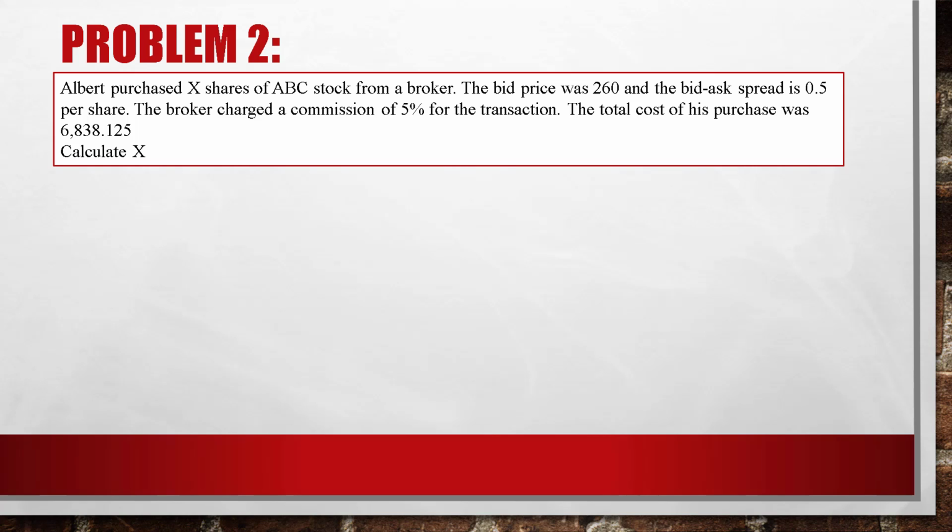For each share, the price is $2.60, and we also have to pay for the bid ask spread, which means if you want to buy one share of ABC stock from a broker, you have to pay $2.60 plus 0.5, so 260.5 for one share.